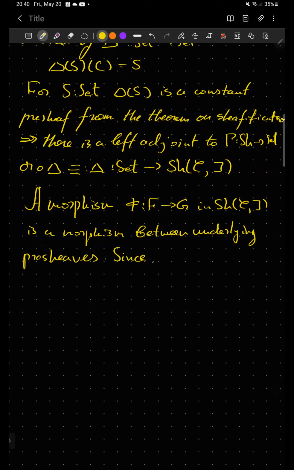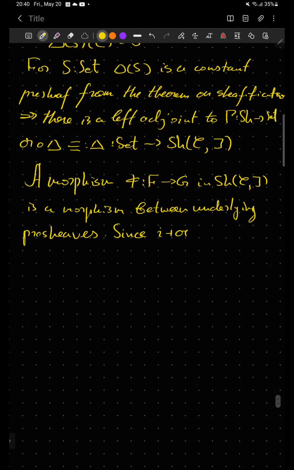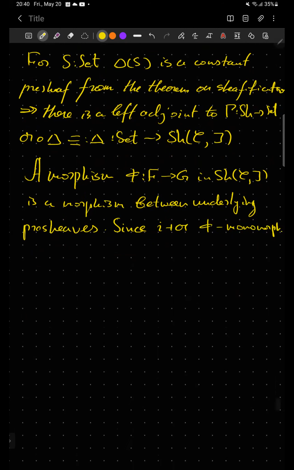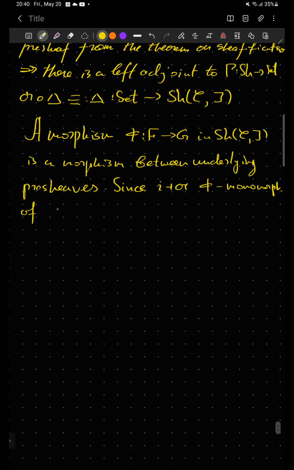since i is adjoint to a, phi is a monomorphism of sheaves if and only if it is a monomorphism of pre-sheaves.